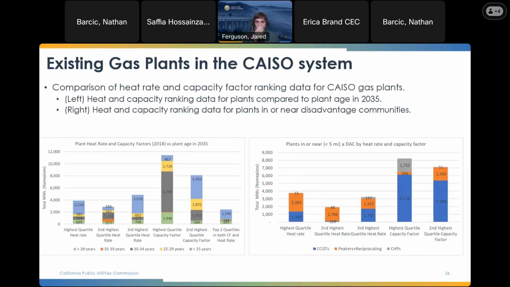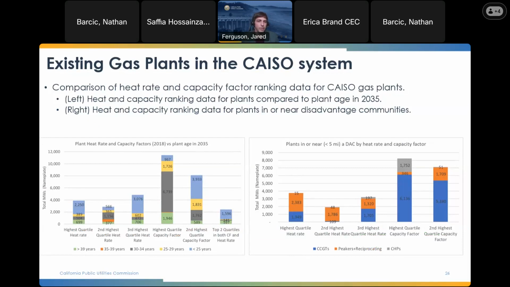This is, again, just some of the plants in the system and how they fit within the data. So on the left, we have all the plants broken down by age in color bar, and also where they fit in the heat rate quartile, and also the capacity factor quartile.